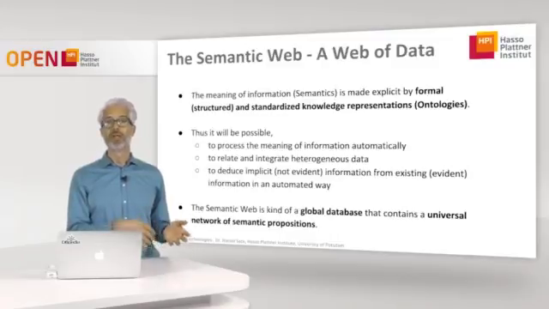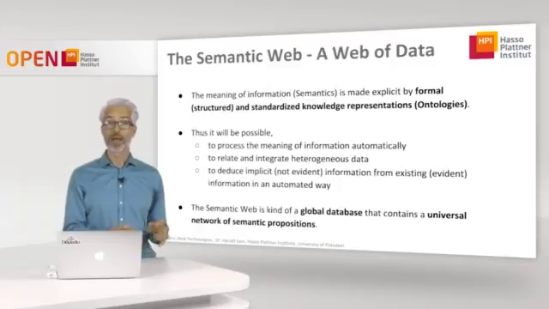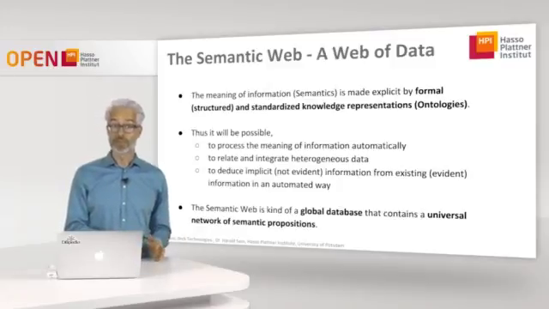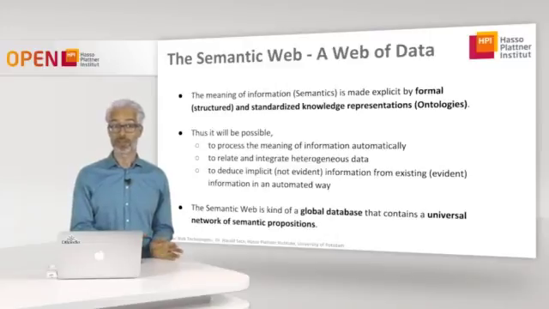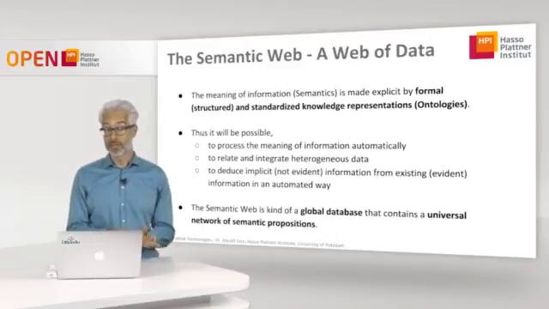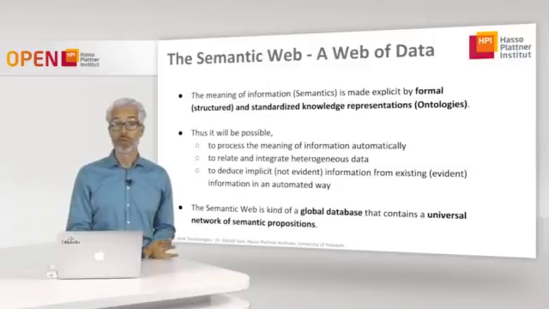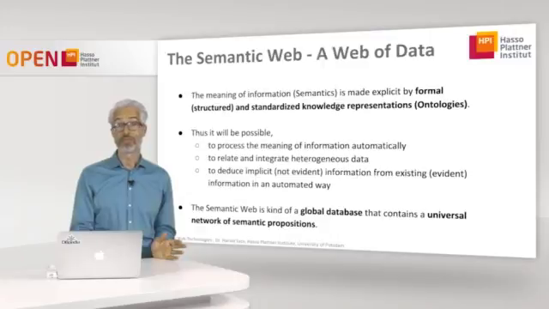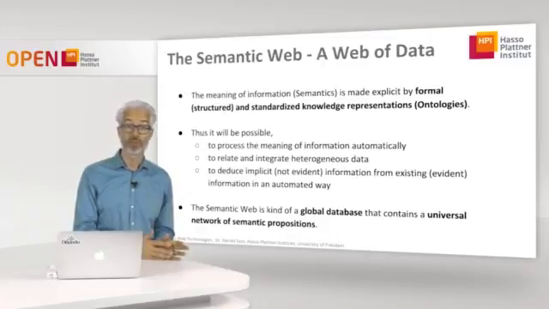There are logical rules, deduction rules, inference rules, which you can apply to deduce this not explicit, implicit knowledge. So in the end, this kind of semantic web will form a global database that contains a universal network of semantic propositions.